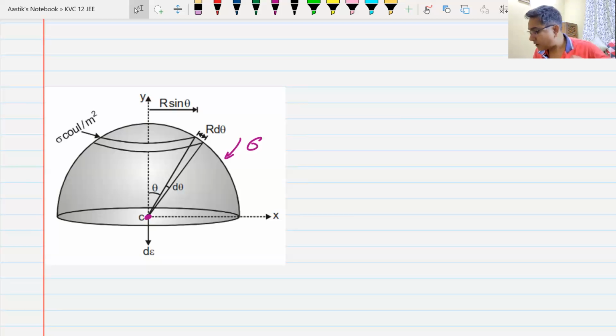You don't know? So just write it down. The direction of field will be like this. Again, if you get a part of this shell.